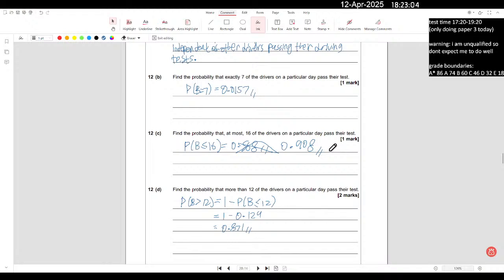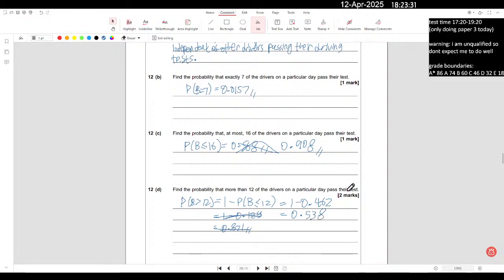And this is 0.462. Holy crap, nearly lost 30 marks just because I can't use the calculator correctly.